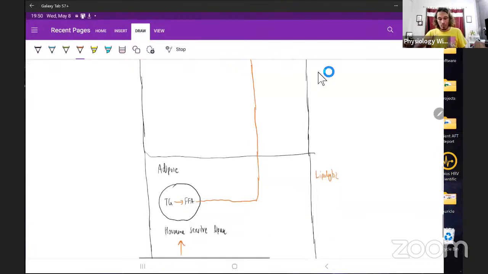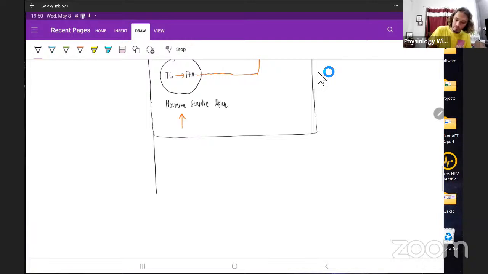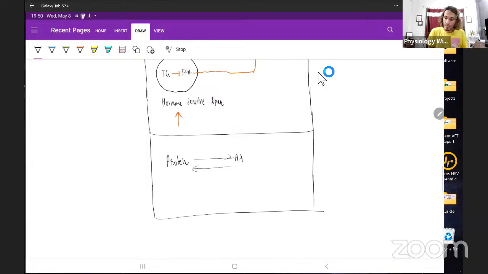Okay. Now beyond that, what happens to your proteins? So your proteins are formed from your amino acids, or proteins can be broken down into amino acids. And for this, you need amino acids to come into a cell. What does your cortisol do?